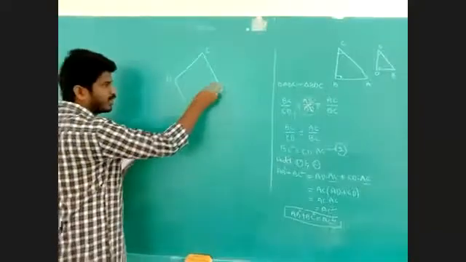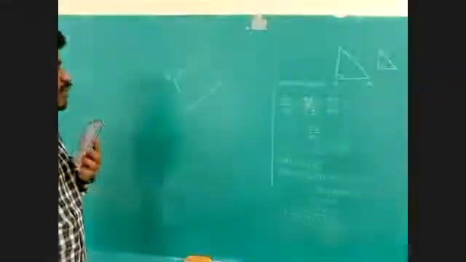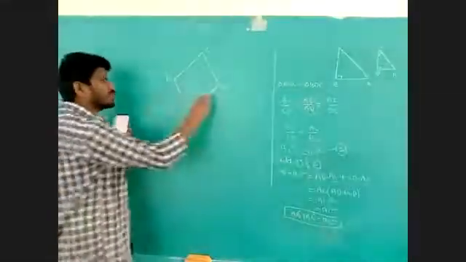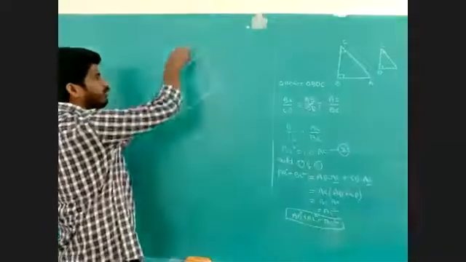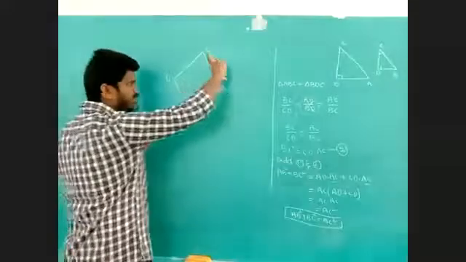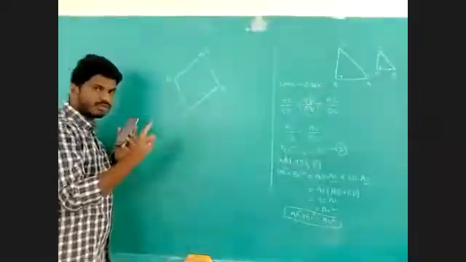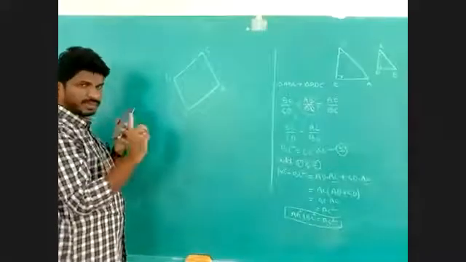All sides are equal. Our question is to prove that the sum of the squares of the sides of a rhombus is nothing but AB square plus BC square plus CD square plus DA square. Sum means addition.